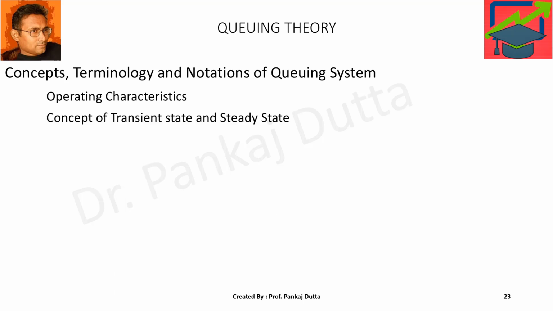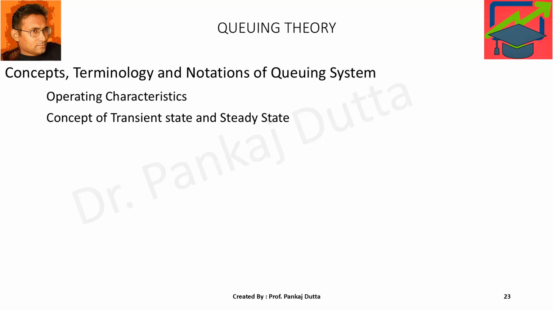The status of a queuing system can be in two conditions: transient state condition and steady state condition. A queuing system is said to be in transient state condition when its operating characteristics are dependent on time, while a queuing system is said to be in a steady state condition when its behavior or operating characteristics are not dependent on time. When a queuing system starts its operation, the system is considered in a transient condition.